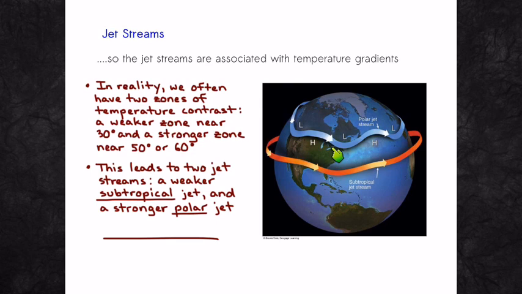Now, by contrast, the subtropical jet is just an upper troposphere jet. There's no real signal down near the ground. By contrast, the polar jet has a pretty deep temperature contrast. The temperature contrast associated with the polar jet extends all the way down to the ground throughout the whole troposphere. And so as a result, this jet stream has some signal associated with it all the way down to the ground.